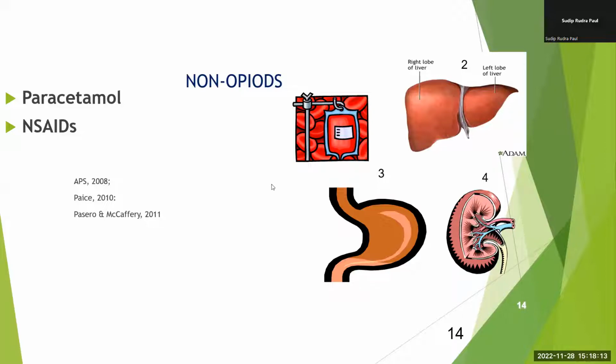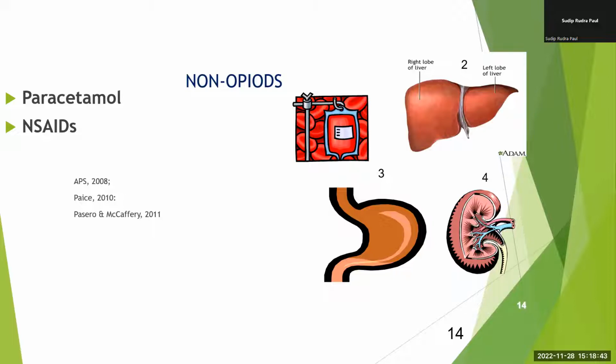For non-opioids there are also a few side effects. Paracetamol and NSAIDs have side effects. One is that if the patient has a bleeding disorder, NSAIDs increase the bleeding tendency, so for this kind of patient we should avoid NSAIDs as much as possible.